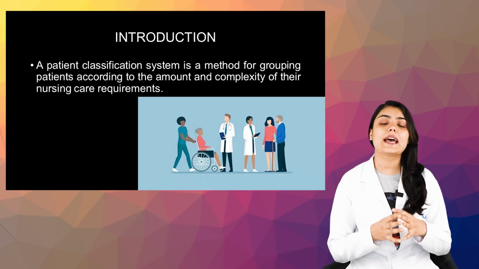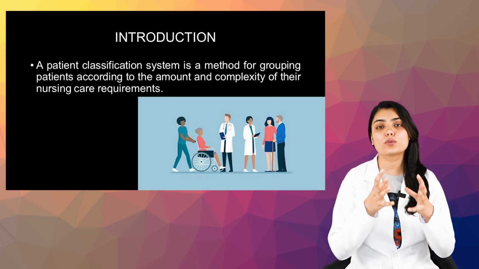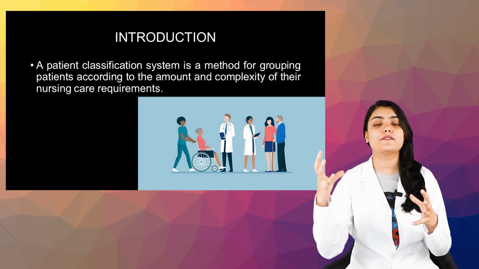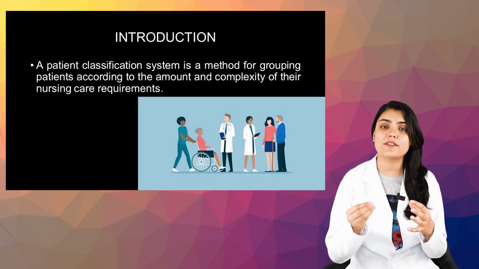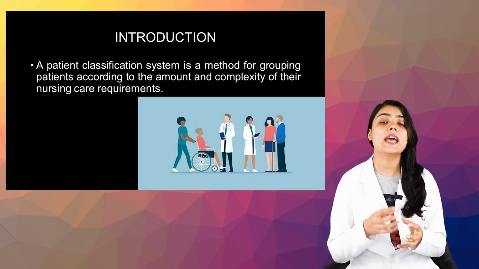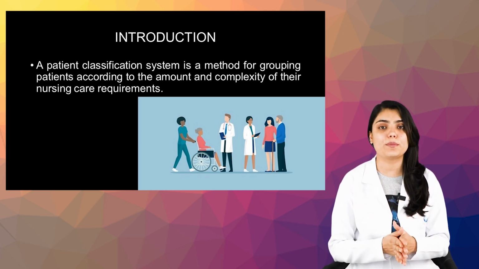First of all, let us quickly recall what is patient classification system. We have seen that a patient classification system is a system of categorizing or grouping the patients into different categories according to the time that a nurse has to invest to provide care to the patient, and also the complexity of care that is to be provided to the patient.